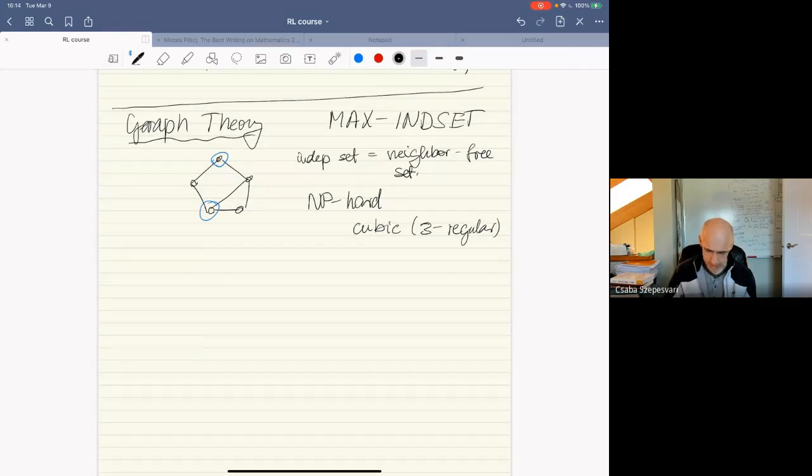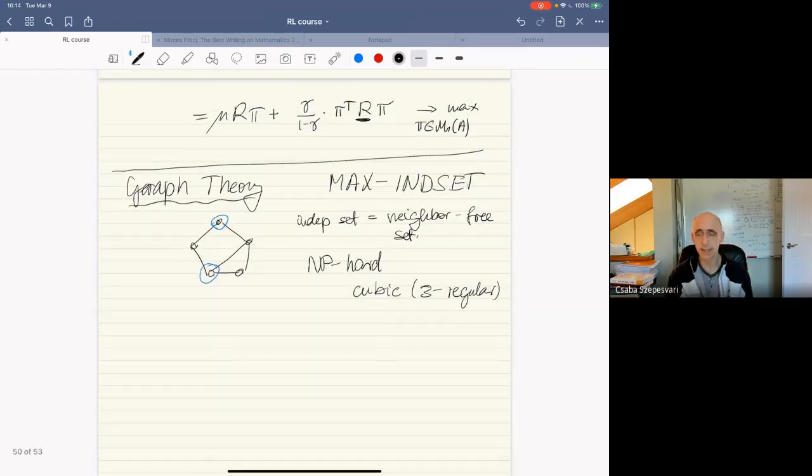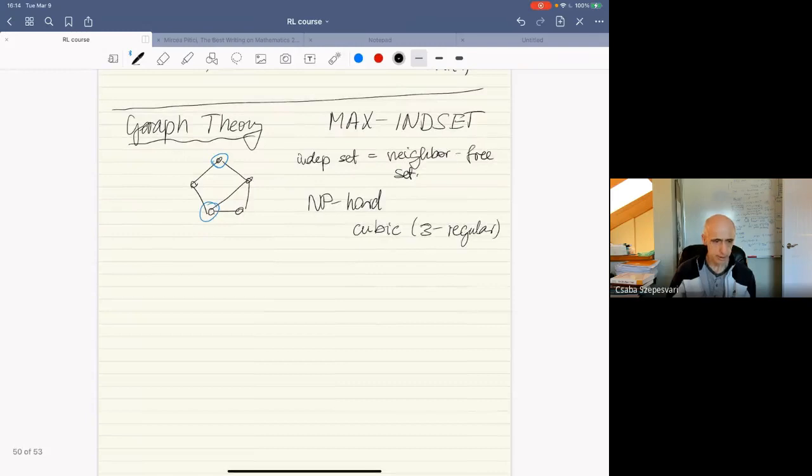And curiously enough, there is a result that connects the maximum independent set problem to maximization of quadratic expressions over the simplex. There is this theorem by Motzkin and Strauss. It's not new, it's like 65.